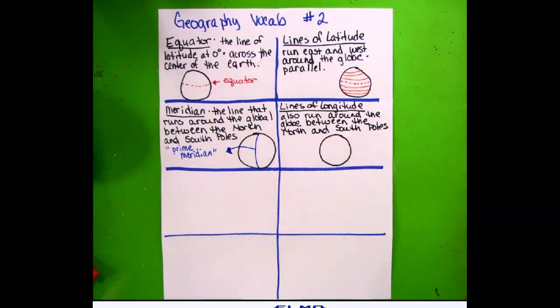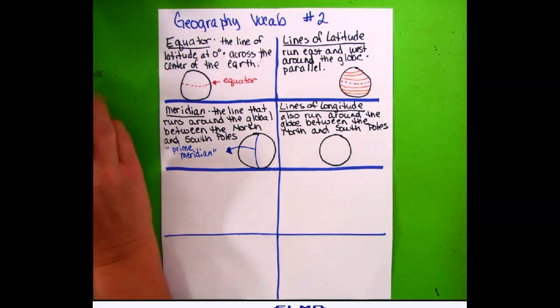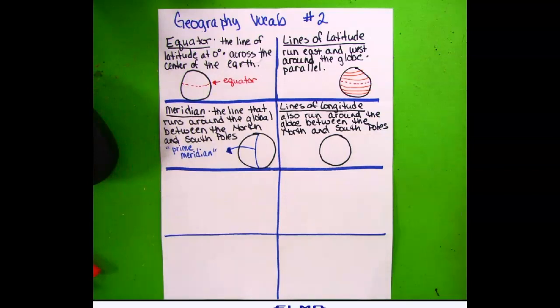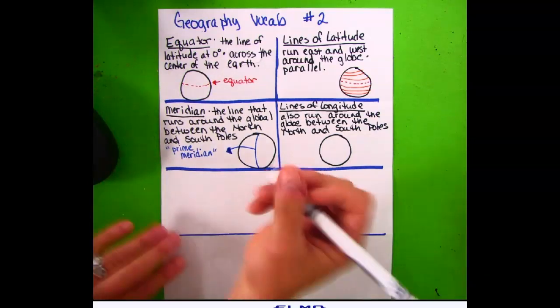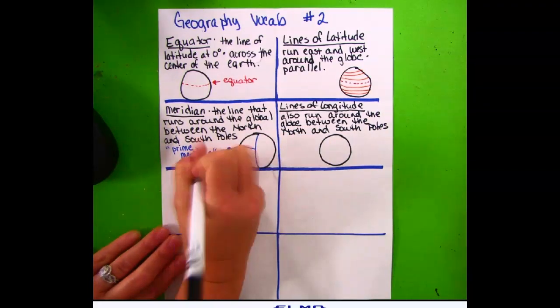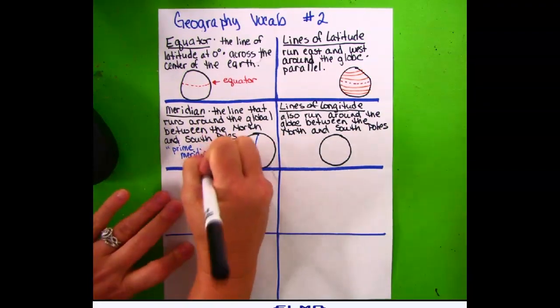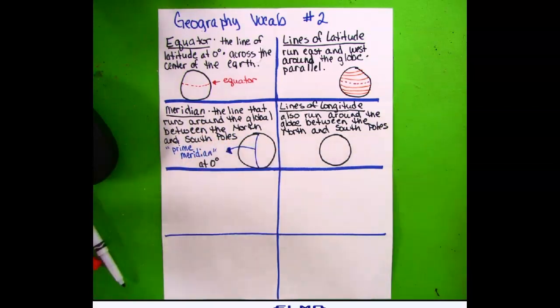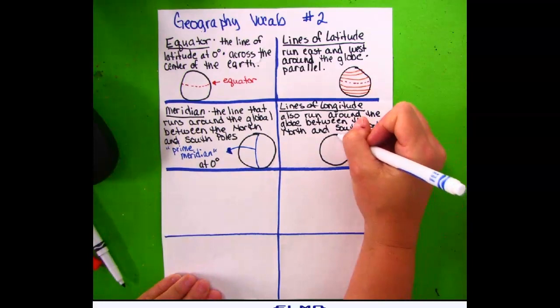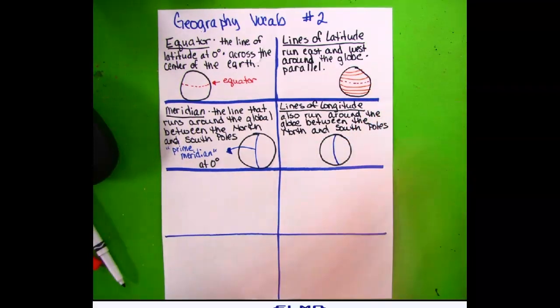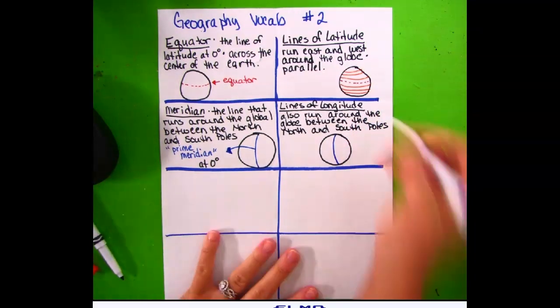Of course, I've got to draw a picture for that too. So you have the prime meridian at 0 degrees. I'm going to put my prime meridian back here, right? So you have your prime meridian, but you also have the lines of longitude.